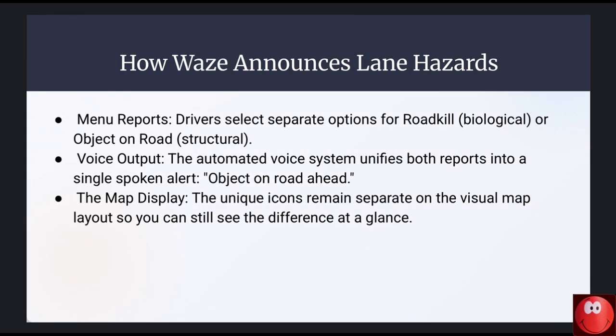Even though you tap 2 completely different buttons to report roadkill versus structural debris, the automated voice simplifies the audio for the driver behind you by announcing both as an object on road ahead. Waze does this intentionally to reduce driver distraction, allowing your brain to instantly process your need for a lane change without getting bogged down in the details.